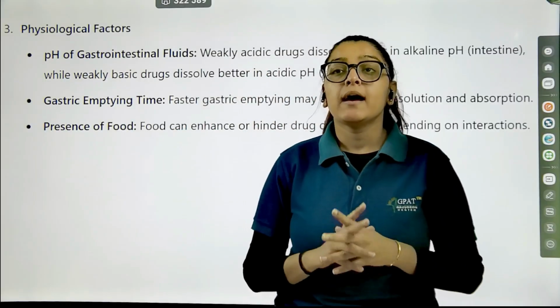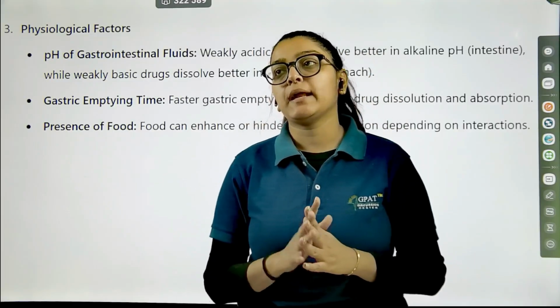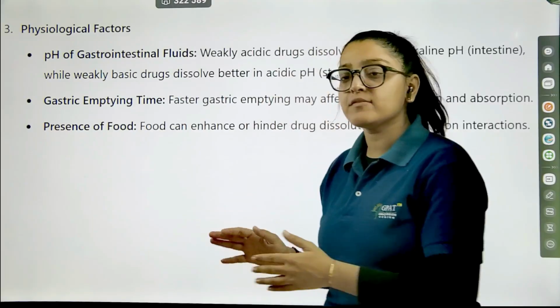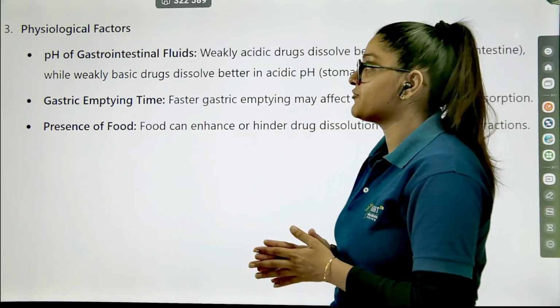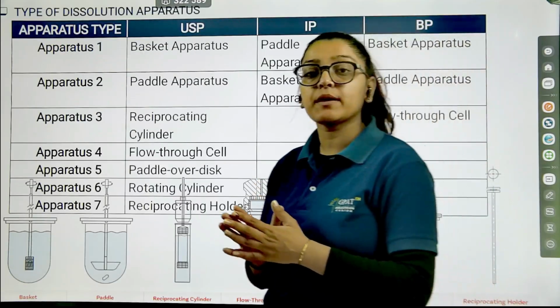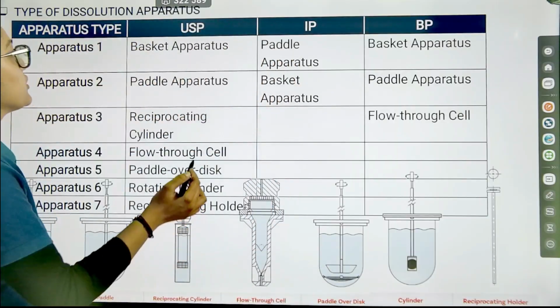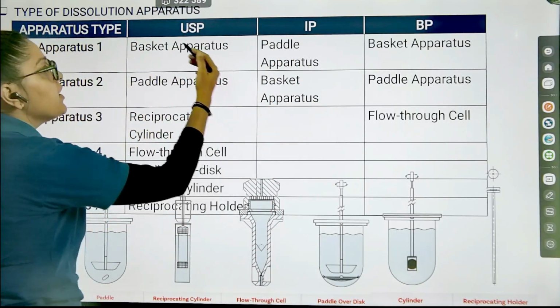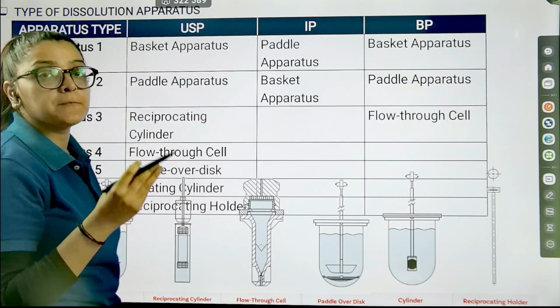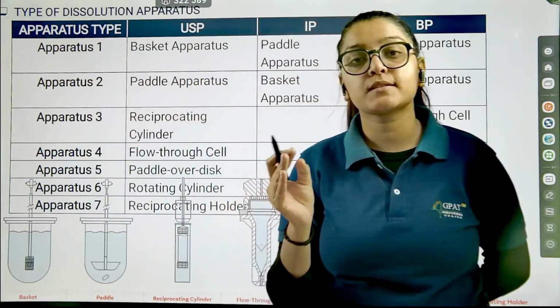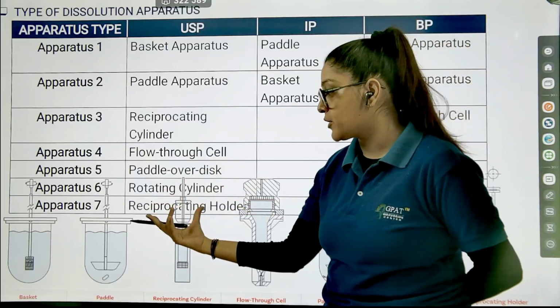Okay. One more thing I would like to tell here: from the dissolution testing, we have certain apparatus that we have classified for you all so that you can learn them, because questions are asked on these also. So based on the USP, IP and BP, for the USP we have basket, paddle, reciprocating cylinder, flow through cell, paddle over disc, cylinder over disc, and reciprocating holder.